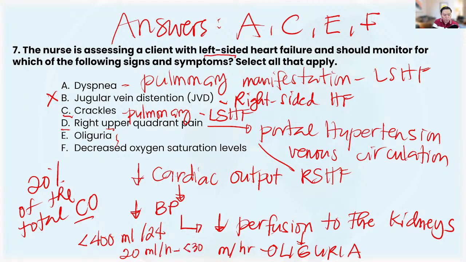So that is already considered as the oliguria. Less than 400 mLs in 24-hour period, or within 20 mLs per hour to less than 30 cc's an hour. That is already considered as oliguria.